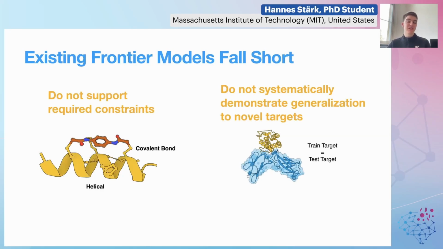And the existing frontier models have usually been evaluated in the scenario where the targets that we have at test time are already in the training data with existing bound structures.